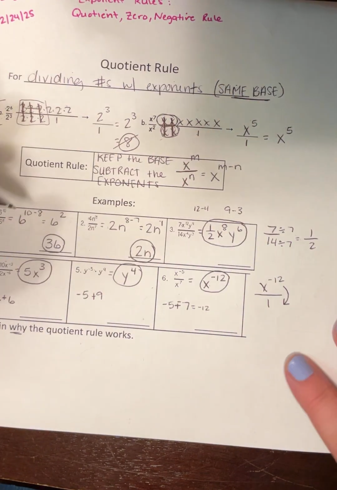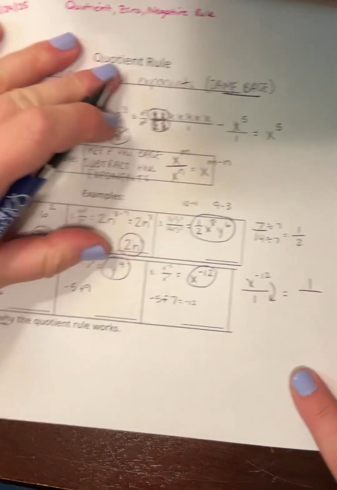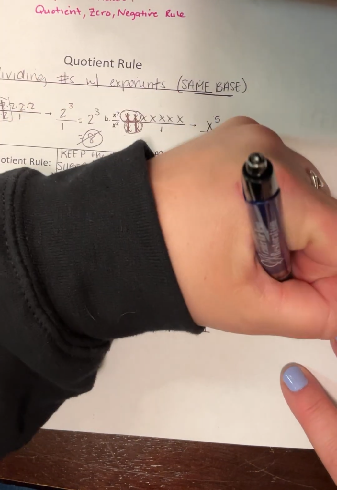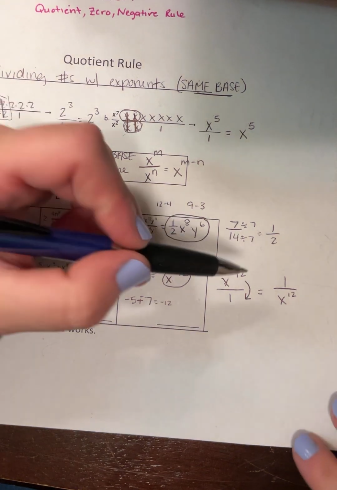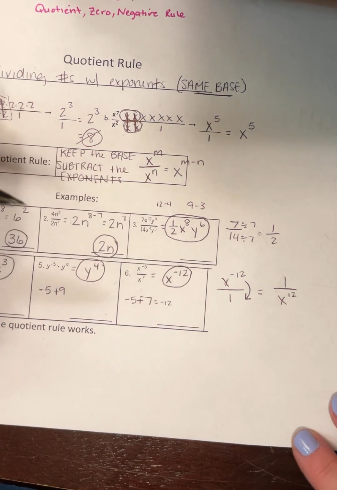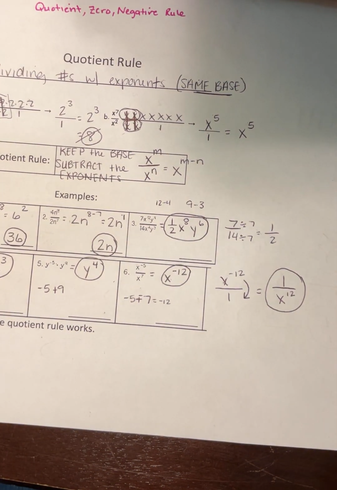Change its side of the fraction, going from the top to the bottom. That 1 gets left behind, stays put. X to the 12th comes to the bottom. Changing from top to bottom changes from negative to positive. And that is number 6 as simplified version of all positive exponents. Okay?